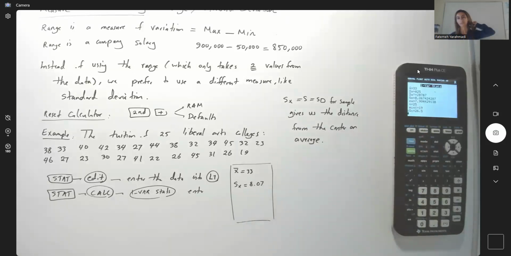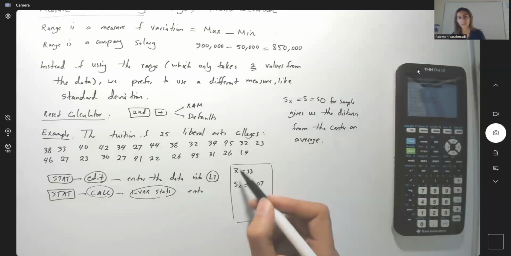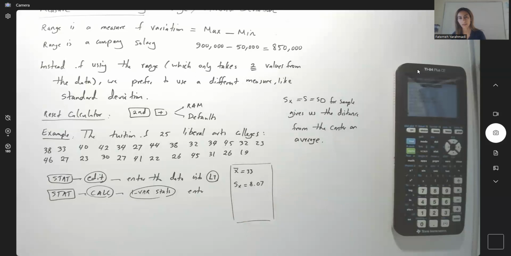So if I randomly select one of these colleges, the distance from the mean is about 8,000. On average the tuition is 33,000, and if I randomly select one of these colleges, the average distance is 8,000.